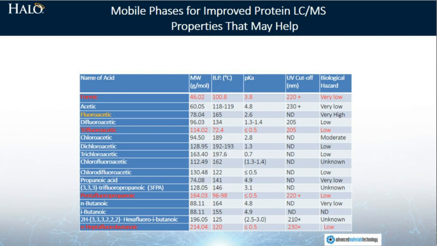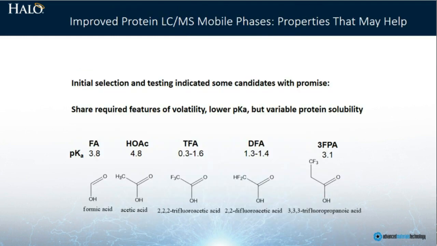From a long list of materials that we looked at systematically, we selected 3 that are obvious here because they've been used for a long time, and 2 additional. The 2 additional ones are difluoroacetic acid and 3-fluoropropionic acid, or propanoic acid. These were ones that as well supported reasonable protein solubility.